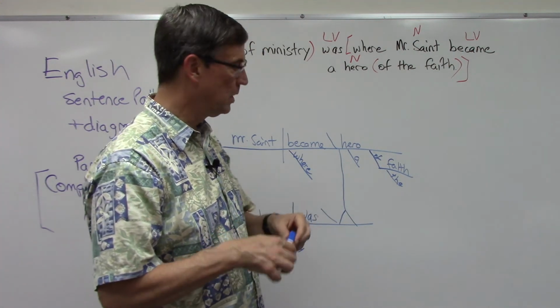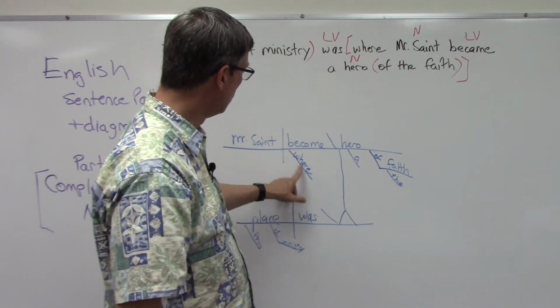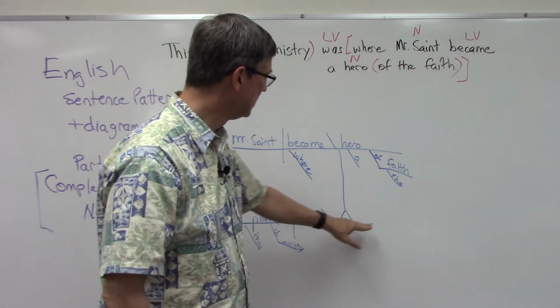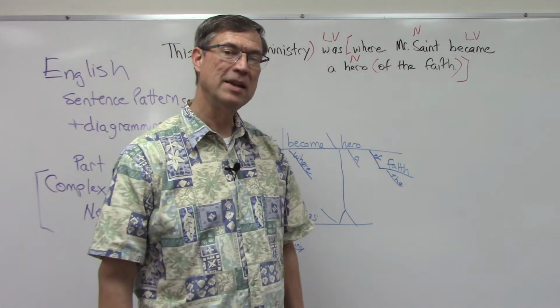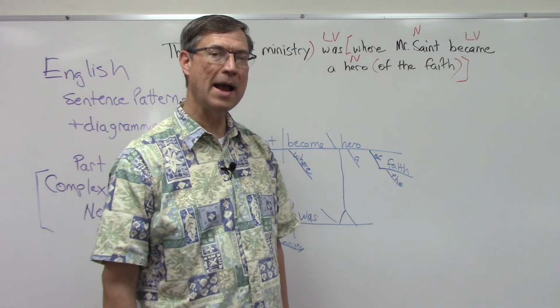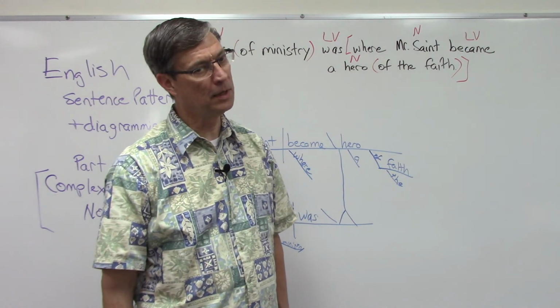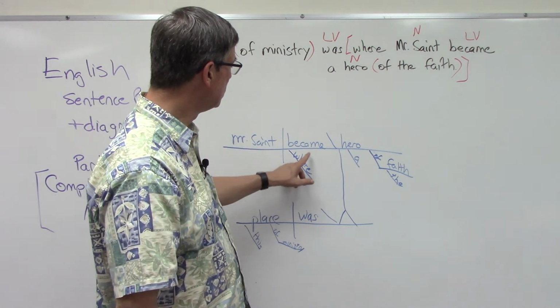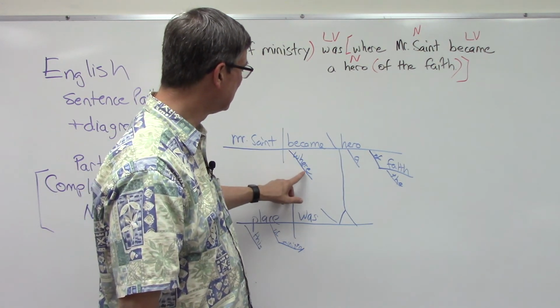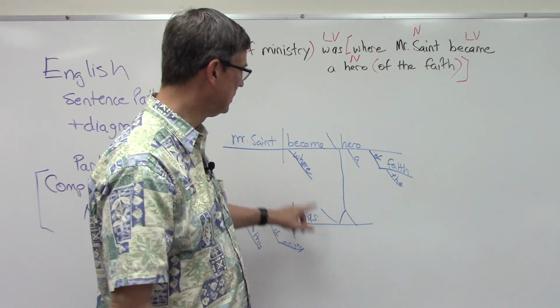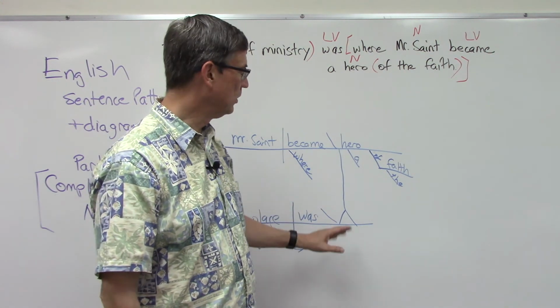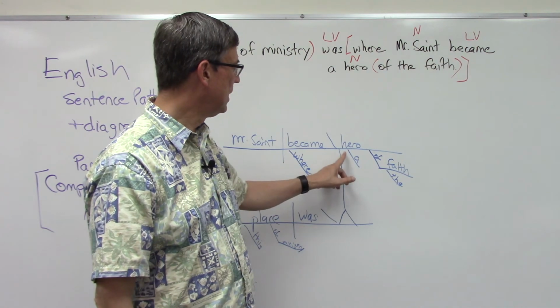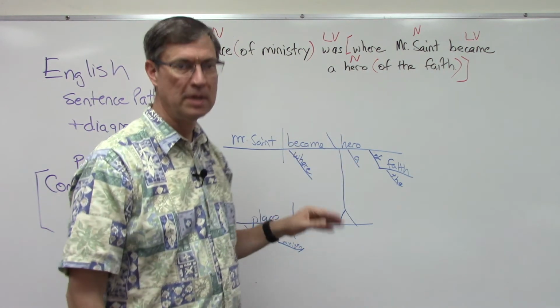Now, I will tell you that in the score key, it looks like the word where is connecting to this line. And that is an unfortunate accident in the typesetting of the score key. So where actually is just attached to the word became. It's not connecting these two. You got it? The only thing connecting it is the pedestal, and it can go to any word.